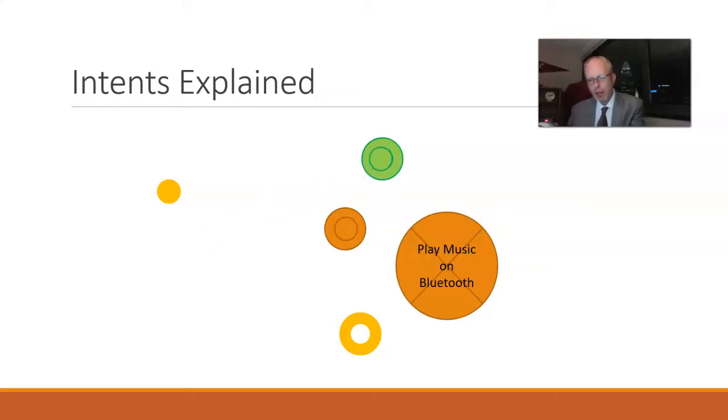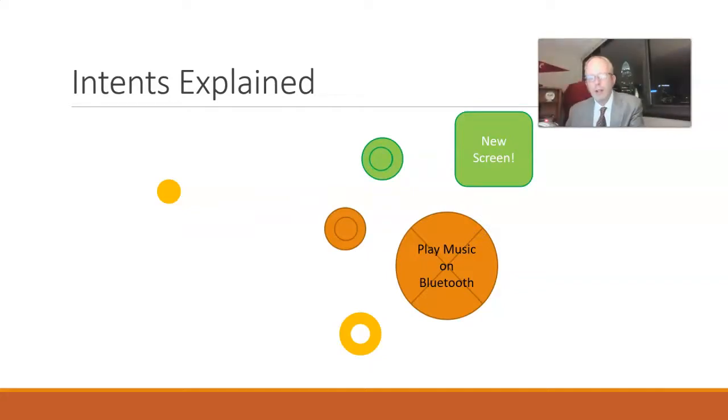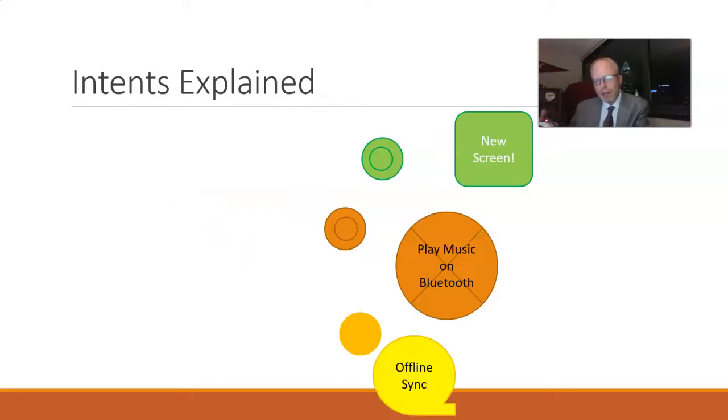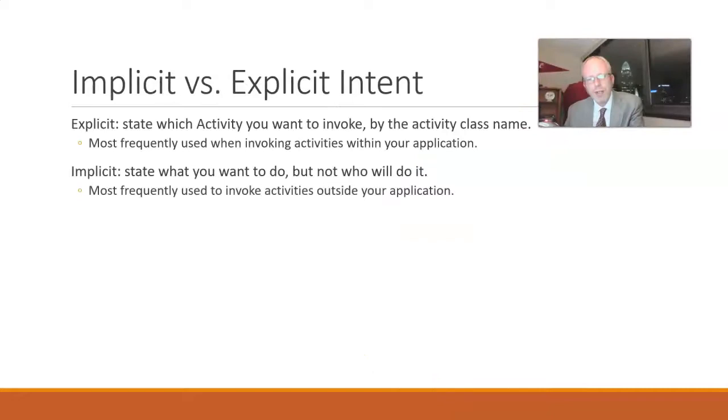We might see the green circle go to the green donut, and that will launch a new activity, which is essentially a new screen. And then we might have another intent that causes an offline sync to happen. So you see, we can match these up by color, but that's a similar thing that the Android device is doing, is matching the intent with what it wants to do.